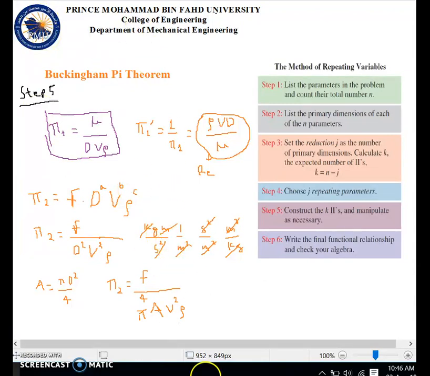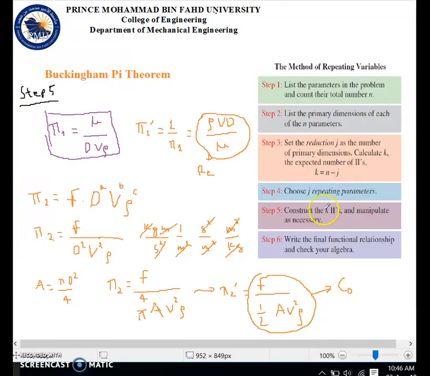Manipulating pi2 even more, we can define pi2 prime as force over half area velocity square density, which is also known in fluid mechanics as CD.